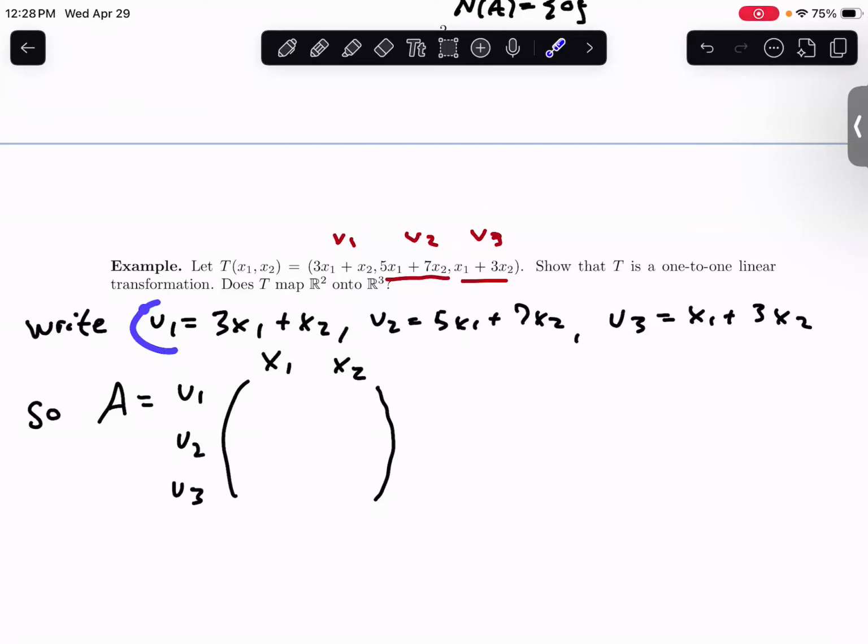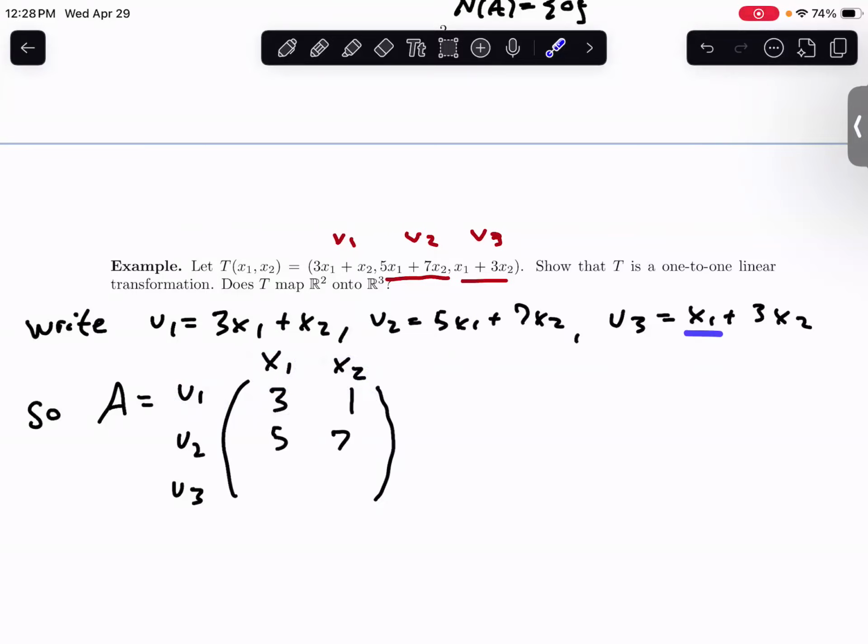Now we know that V1 is equal to 3x1 plus x2. So you can take these coefficients and use them to fill out what the rows are going to look like. The 3 here shows up here, and the 1 times x2 shows up here. So it's like saying V1 is equal to 3 times x1 plus 1 times x2. Then 5 times x1, 7 times x2 gives you 5, 7.